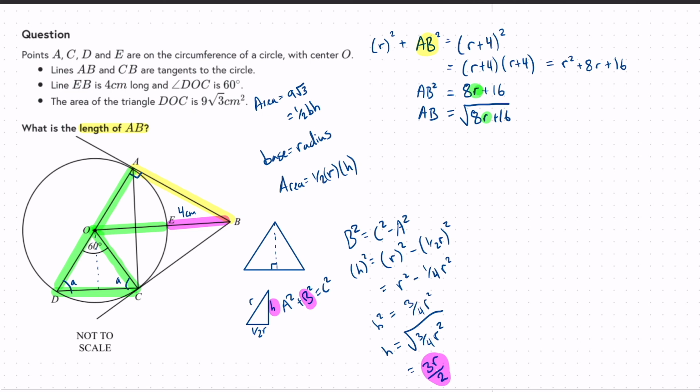And I can put this back here. So I've got the radius, and I've got the height, and we're almost at the end of this question.